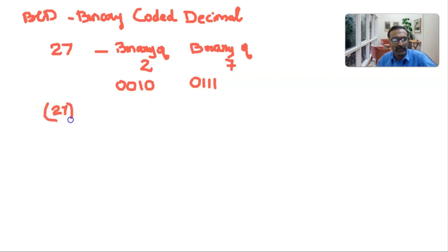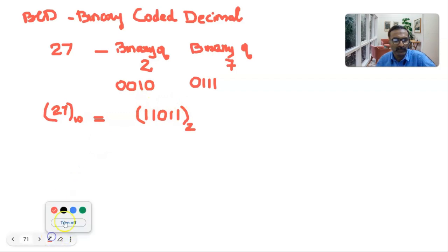Now 27 in decimal, how can we write it in binary? It is 16 plus 8, 2 and 1. This is the answer in binary. But in binary coded decimal, it is different. This will have the place values.